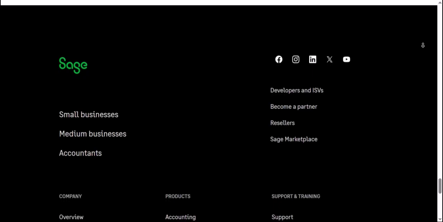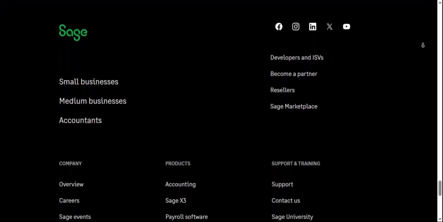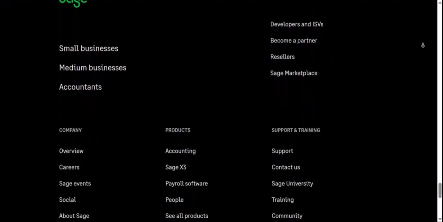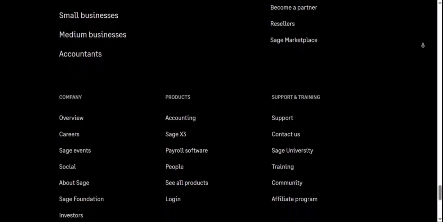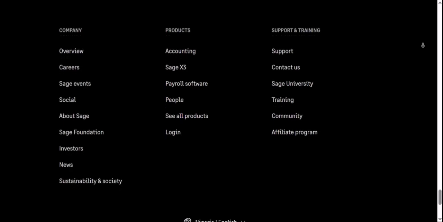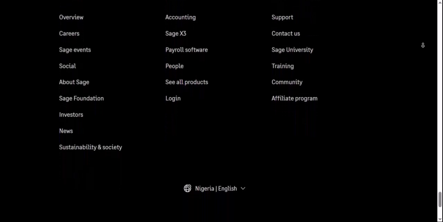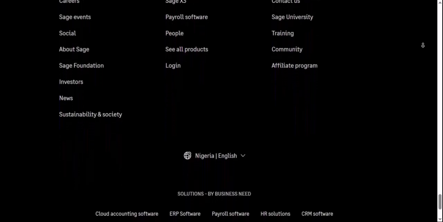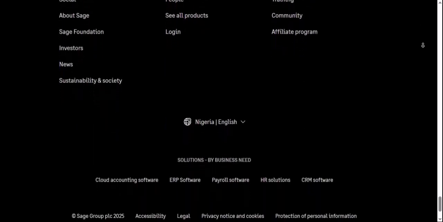You'll need to budget for implementation partners to help with installation, configuration, data migration, customization, and user training. These services can range from a few thousand to tens or even hundreds of thousands of dollars, depending on the complexity of your business and the extent of customization required.